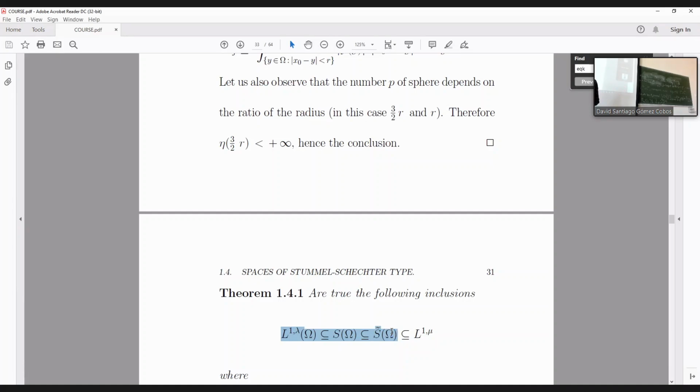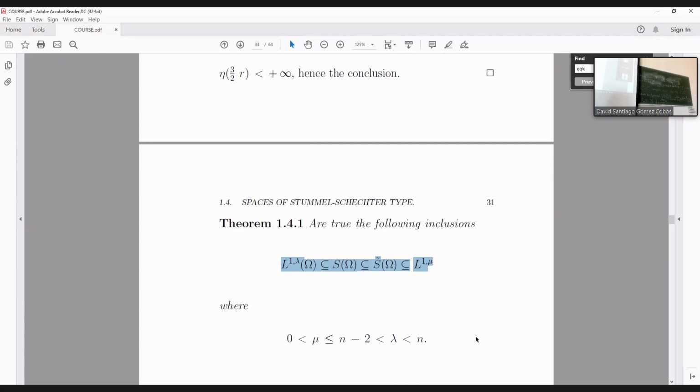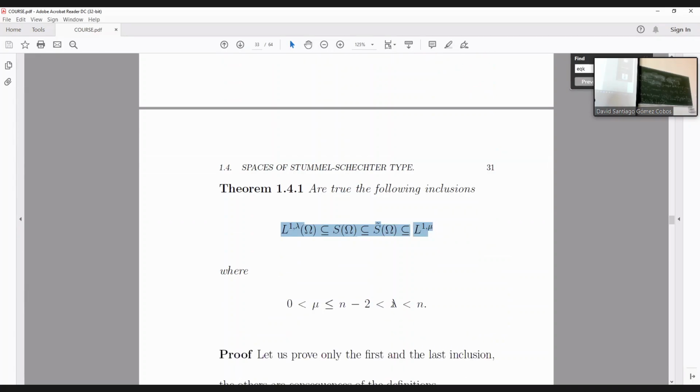Well, this is contained in L1,mu, where the relation between lambda and mu is the following: lambda is between n minus 2 and n, and mu is less than n over 2, both strictly more than 0. Some of these are trivial. Of course, this one in the middle is trivial. Also this one is trivial.